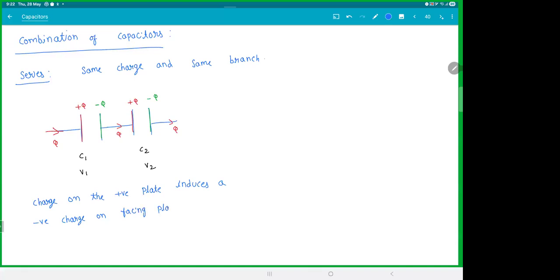And because the charge has to be conserved, a plus Q charge will go ahead. So it gives you a feeling as if this plus Q has jumped the plate and went ahead. So it feels as if the charge is going across the plates.